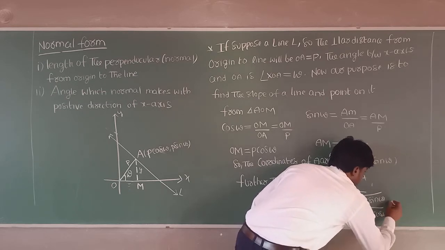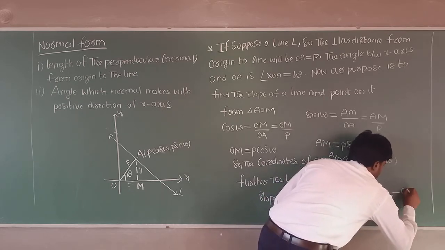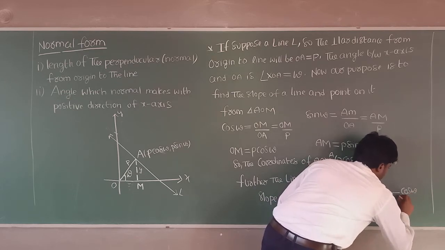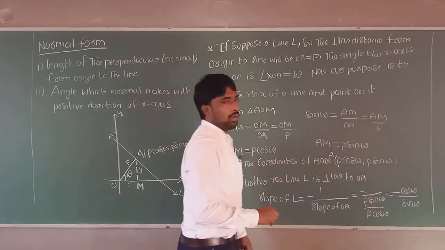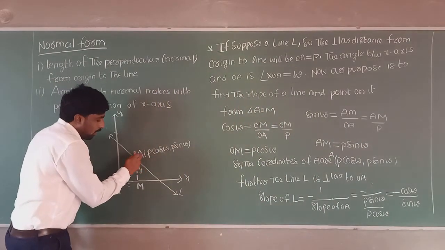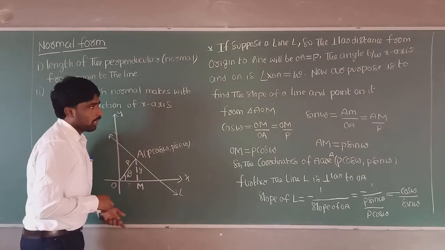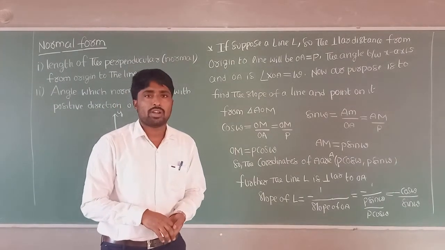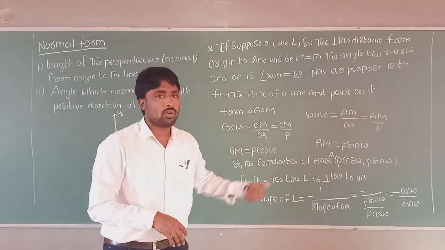Okay. So P gets cancelled. What will I get as the slope? Minus cos omega by sin omega. Is it clear everyone? Now you see here, I know this point, I know the slope of this line. So here I can apply slope point form. Okay. So all of you note down up to here.